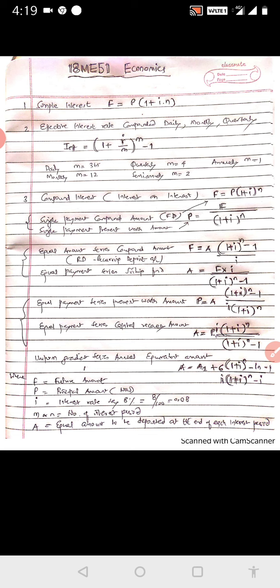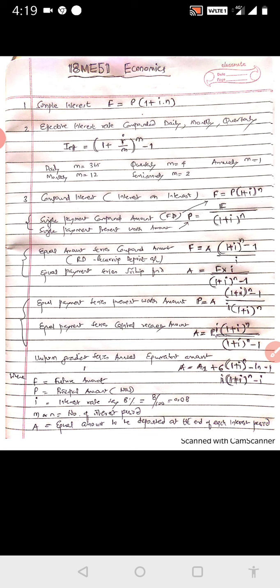The last one I want to discuss is equal payment series present worth amount. Equal payment series present worth amount is P is equal to A [(1 plus I) raised to N minus 1] divided by [I (1 plus I) raised to N].